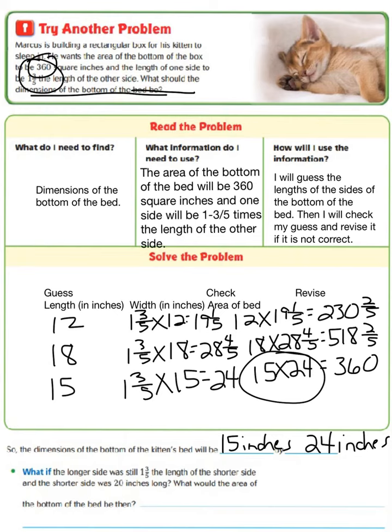So the bottom of the bed, what if the longer side was still 1 3/5 the length of the shorter side, and the shorter side was 20 inches long? What would the area of the bottom of the bed be then? So we're going to let you take a guess at this one before you come into class tomorrow.